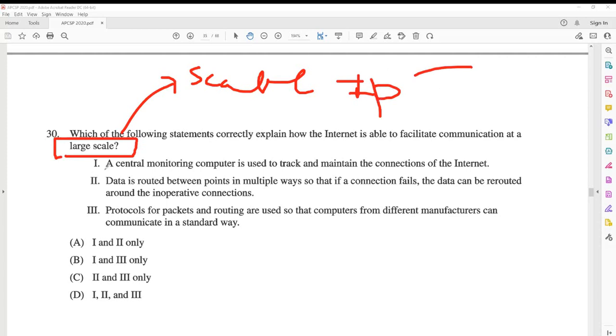So there's no central computer to monitor. No. Data is routed between points in multiple ways so that if a connection fails, data can be rerouted. Yes. Protocol of packaging and routing is used so that computers of different manufacturers can do it. Yes. So these are 2 and 3. C. Is that okay so far?